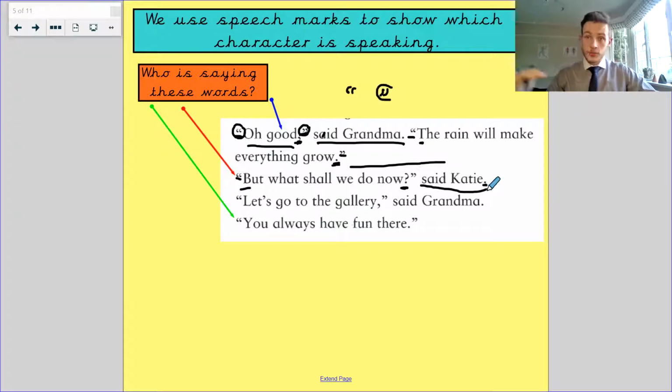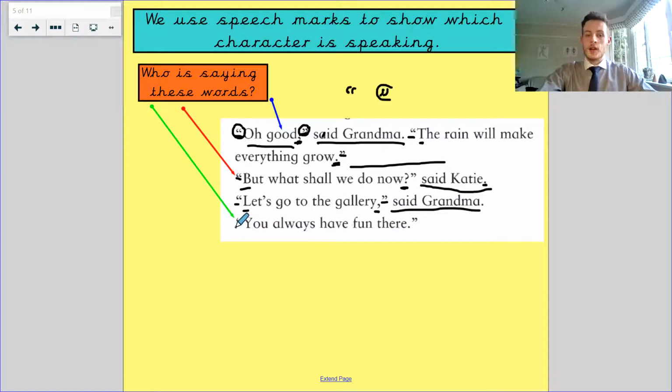We then dropped another line, started with another 66, capital letter, let's go to the gallery. Now, it's just the end of the sentence that, let's go to a gallery, but because we haven't said who has said that sentence and it's different to Katie, we then need a comma, we need a 99, and we need to say, said Grandma.